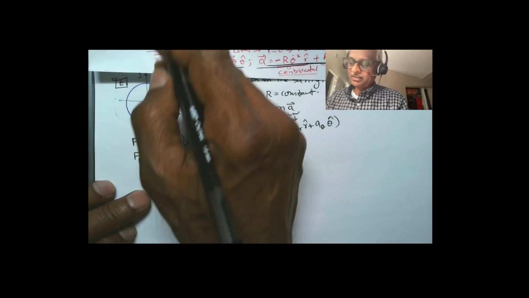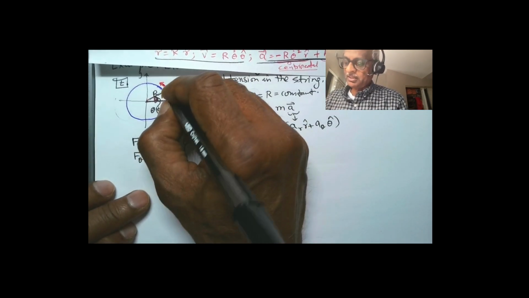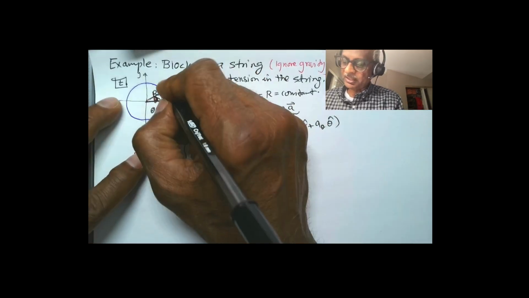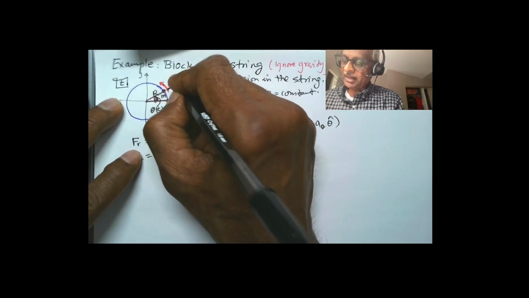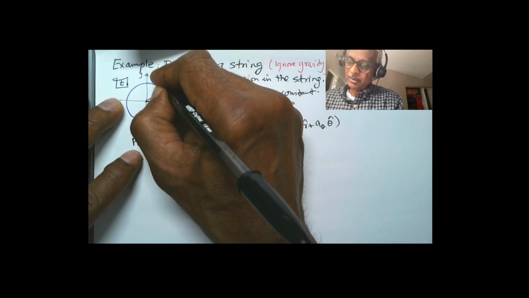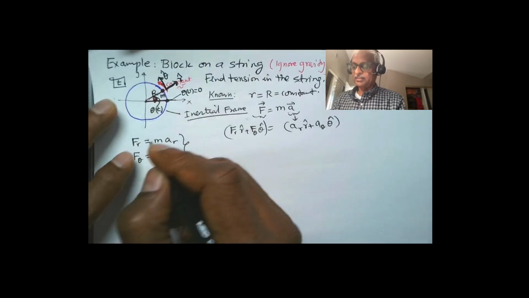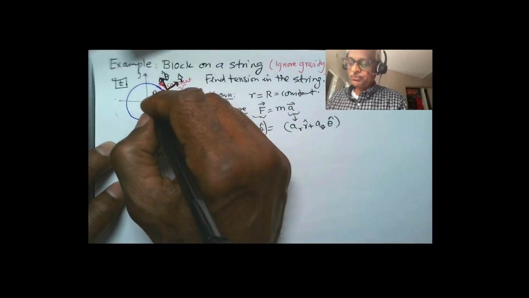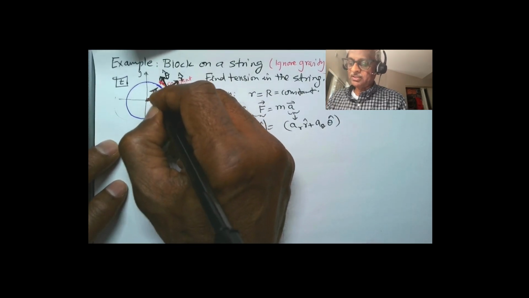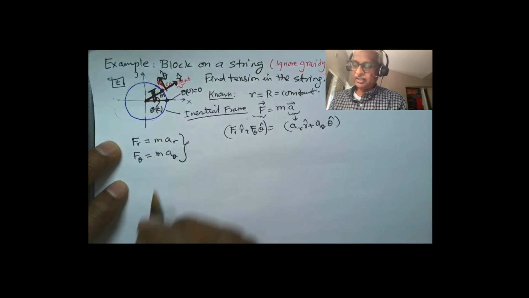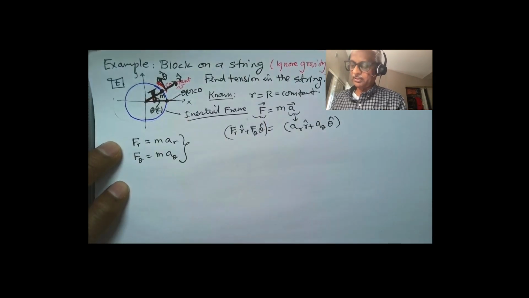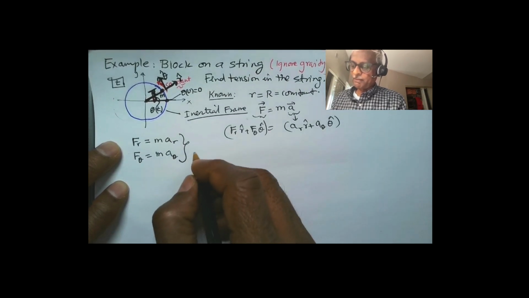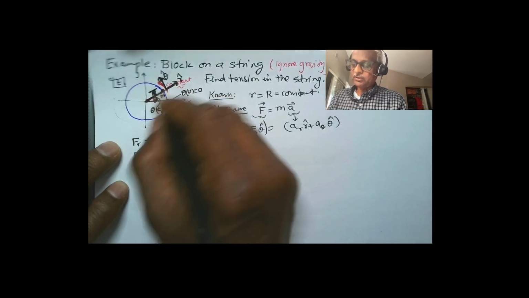So if we look over here, which way are the unit vectors pointed? R hat is pointed that way and theta hat is pointed that way. The only force is tension along the y, right? That tension is the only force, and it is all along the r hat direction.